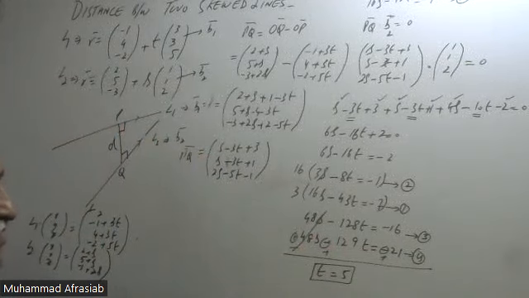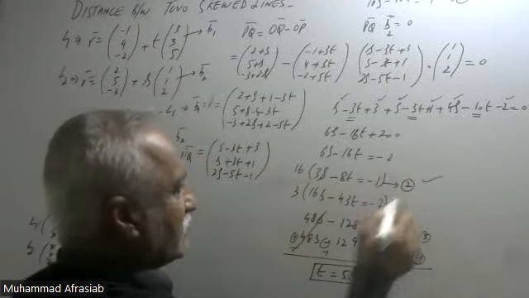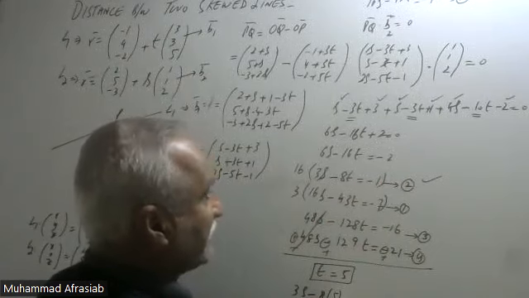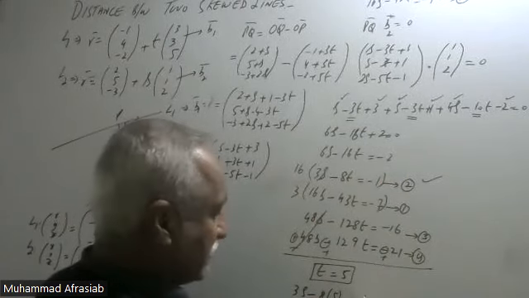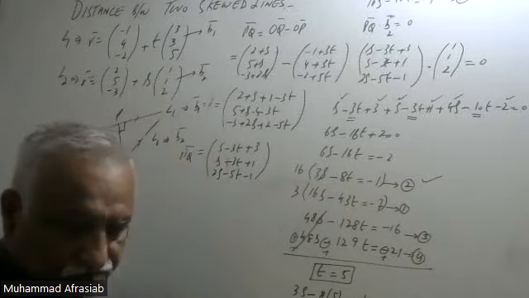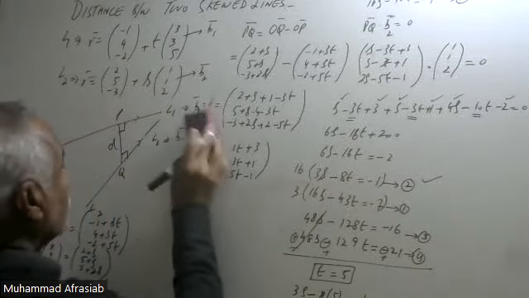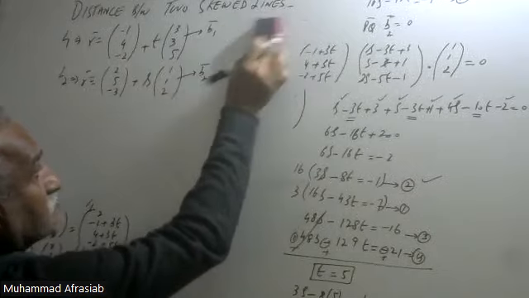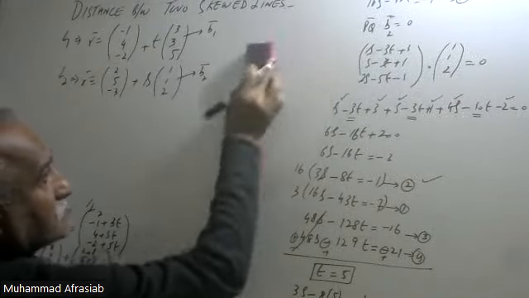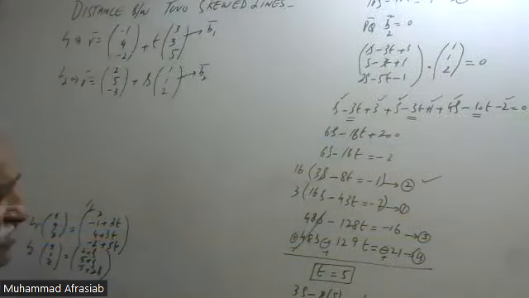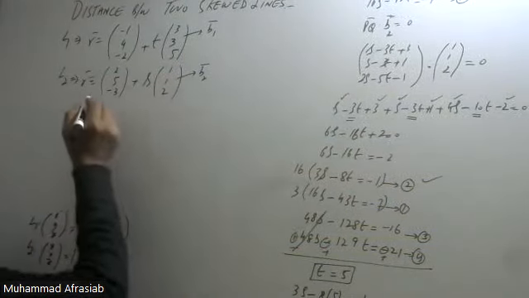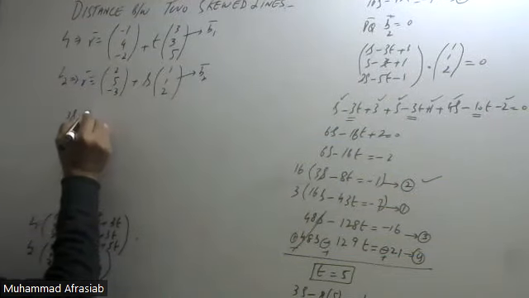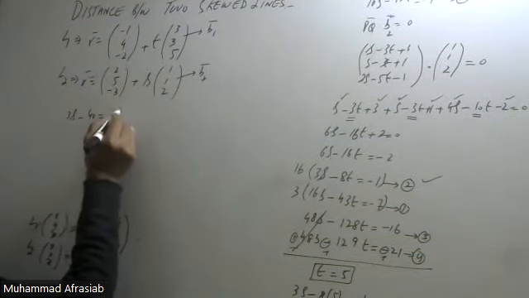Now we can put it in equation number 2. Then 3s minus 8 into the t value, 5, is equal to minus 1. So 3s minus 40 is equal to minus 1.